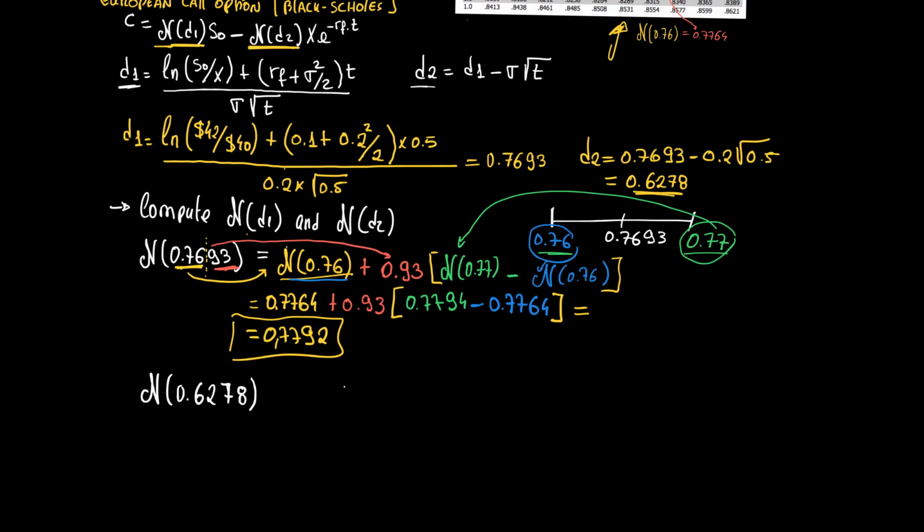So again, the trick is I break the number into two. I grab the first value and I put it as a normal distribution, 0.62. I grab the second value and I put it as the scaling factor.